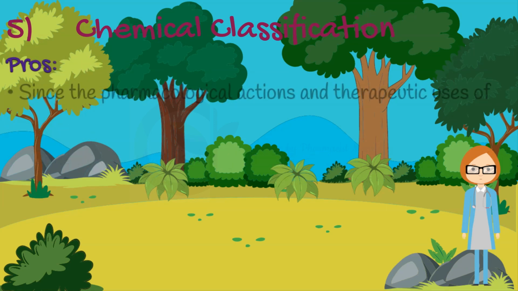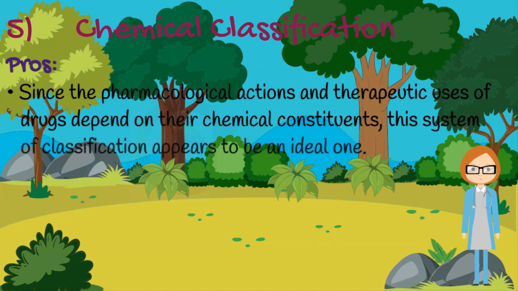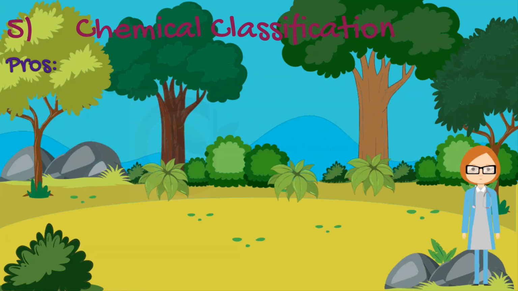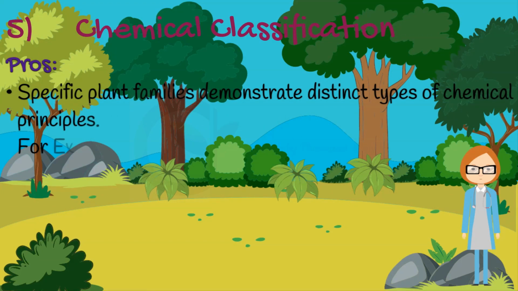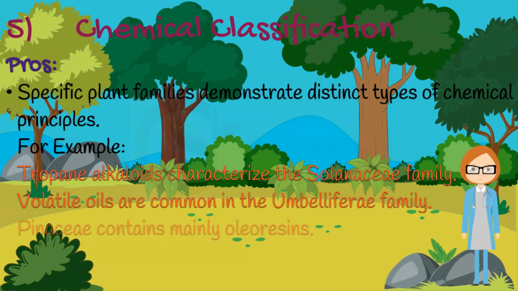This system of classification has some strengths that include: since the pharmacological actions and therapeutic uses of drugs depend on their chemical constituents, this system of classification appears to be an ideal one. Specific plant families demonstrate distinct types of chemical principles.